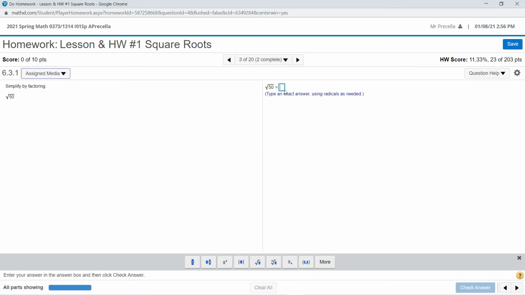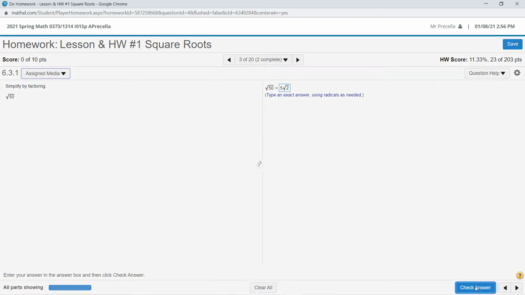Look, once you click in the box, it shows you the symbols down here. I'm going to punch in 5. Square root is right there. 2. Check the answer. Let's see what the next question looks like.